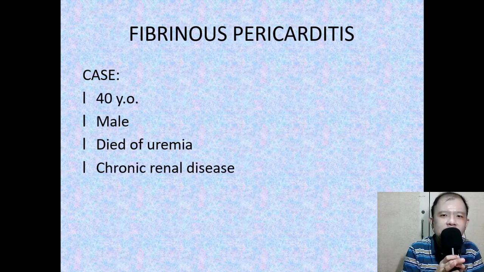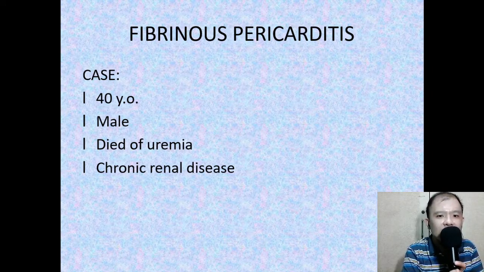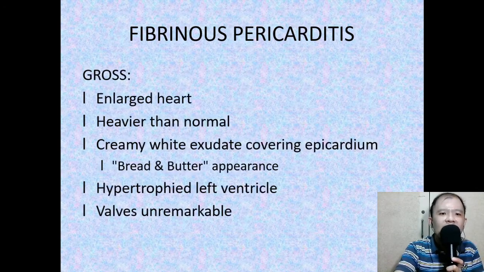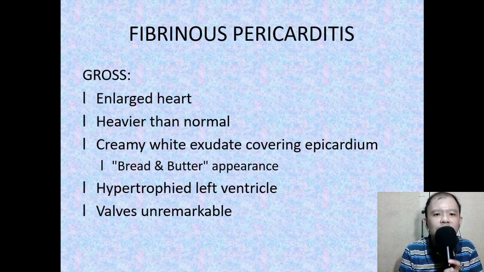Any questions? So next, a case of a 40-year-old male who died of uremia, secondary to a chronic renal disease. And grossly, the heart was enlarged and heavier than normal with a bread and butter appearance, secondary to a creamy white exudate covering the epicardium.